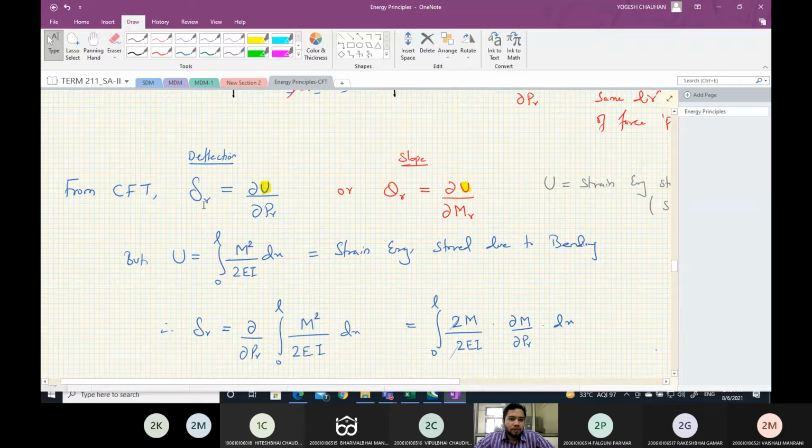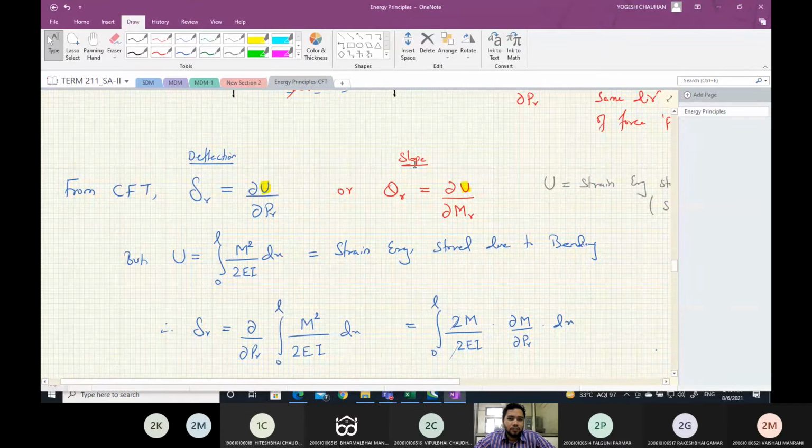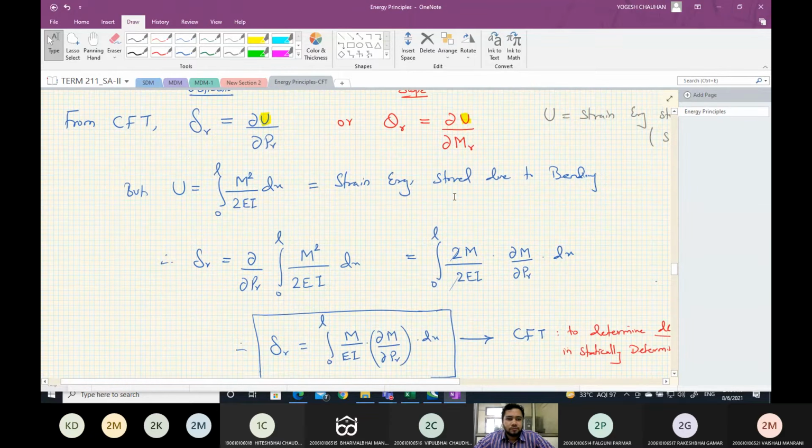So for finding the deflection using Castigliano's first theorem, the expression would be delta R equals del U by del PR, and to find the slope, it will be partial differentiation with respect to moment. The deflection is the partial differentiation of total strain energy with respect to force, and the slope is given by partial differentiation of total strain energy with respect to moment.